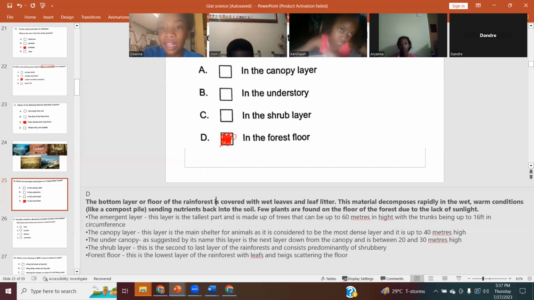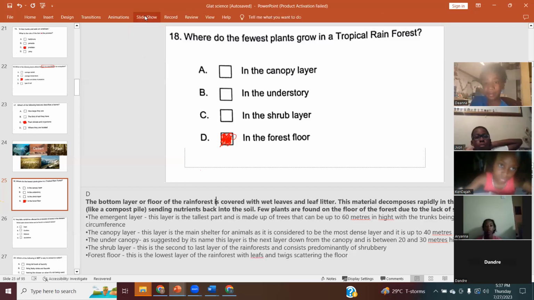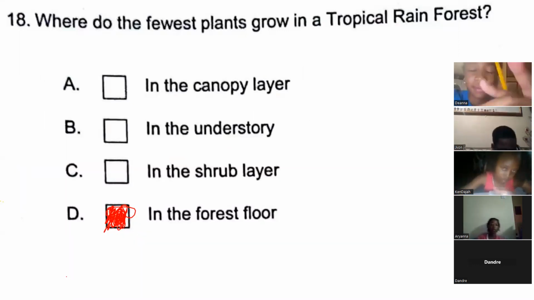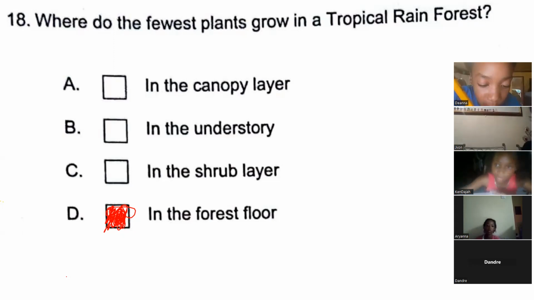Very good. That's it. So few plants are found there because you don't have enough sunlight on the forest floor. So the fewest plants are found on the forest floor.